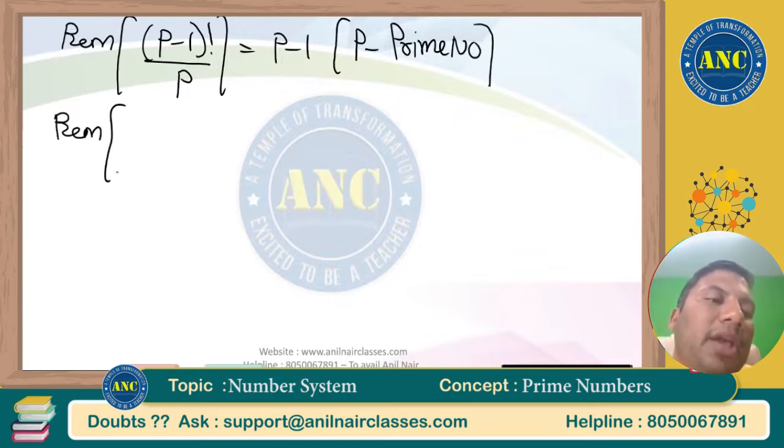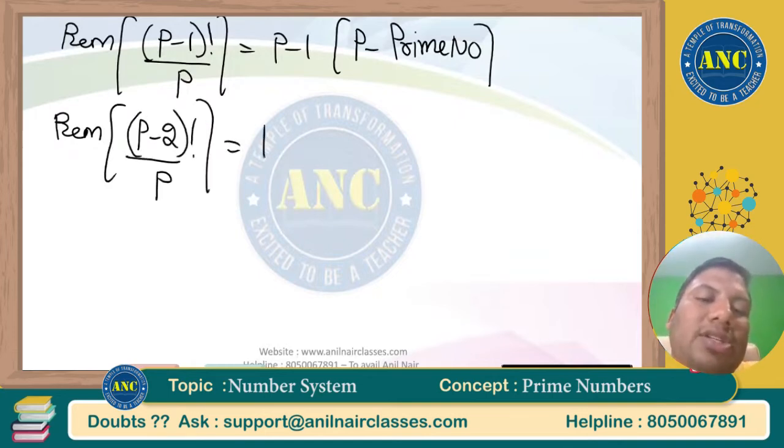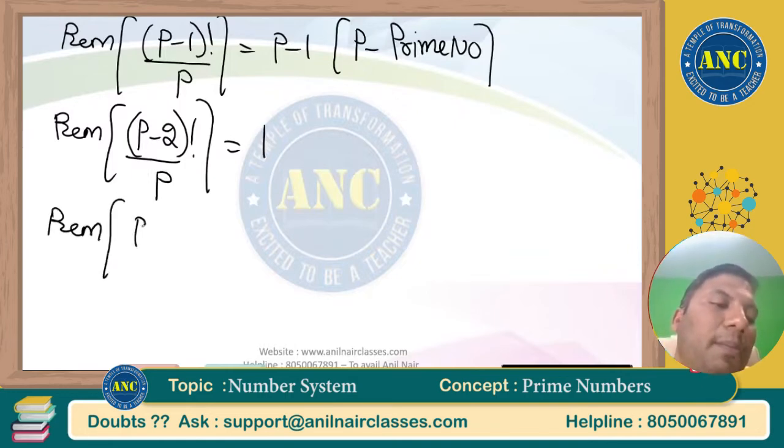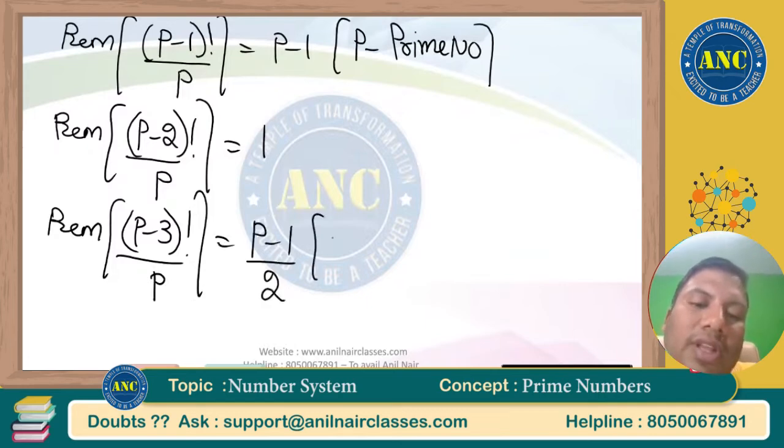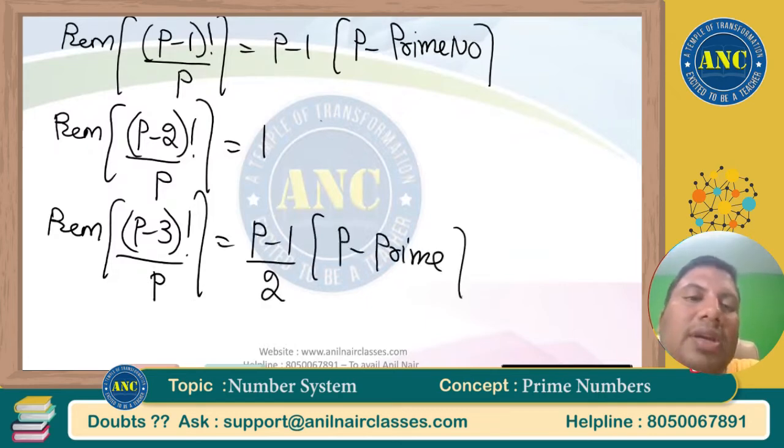Remainder when (P minus 2) factorial is divided by P is always 1. Remainder when (P minus 3) factorial is divided by P is always (P minus 1) by 2, where P is a prime number.